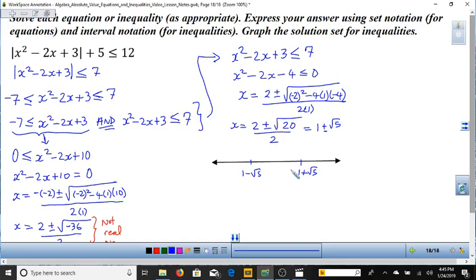So 1 minus square root 5 is approximately negative 1.236.